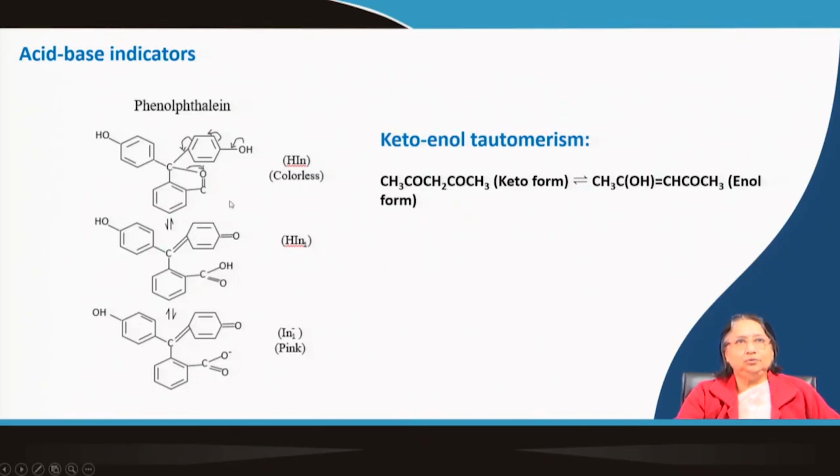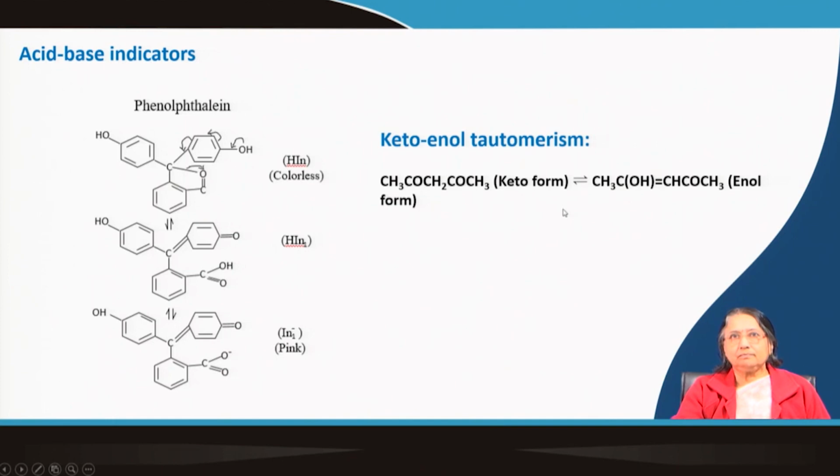So, before going to this I must tell you what a tautomer is. I have told you that this is an isomer. Here you can see, those who are from chemistry already know what this is. This is nothing but acetyl acetone. It has two ketone groups, the CO means C double bond O here, C double bond O here, and these two carbonyl groups are separated by one CH2 group.